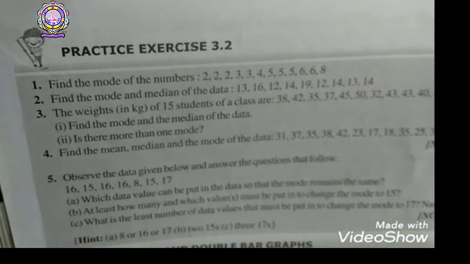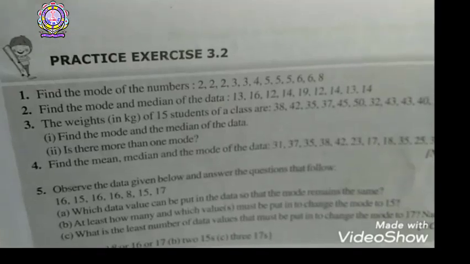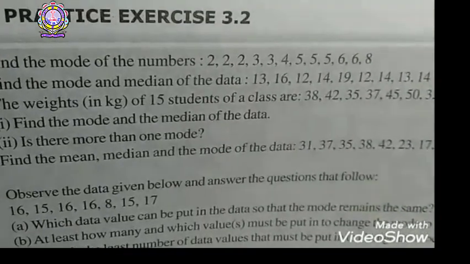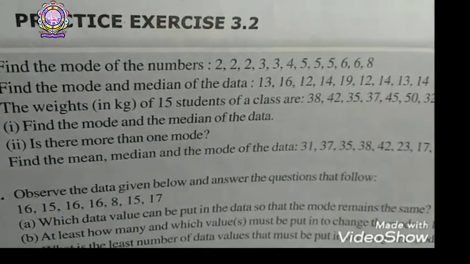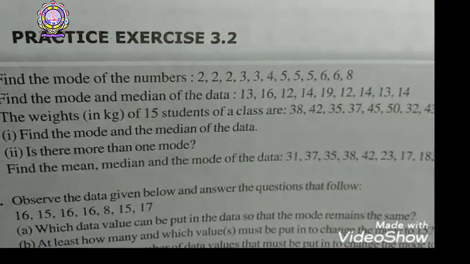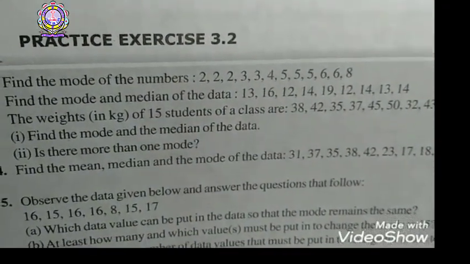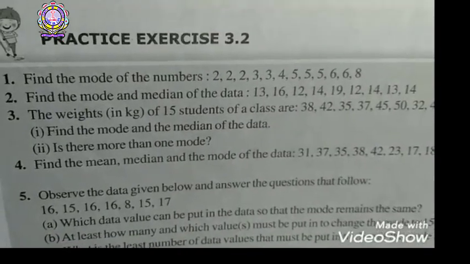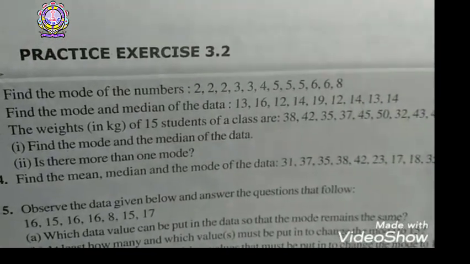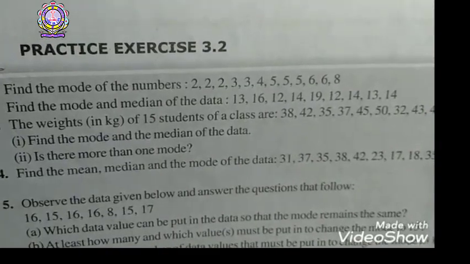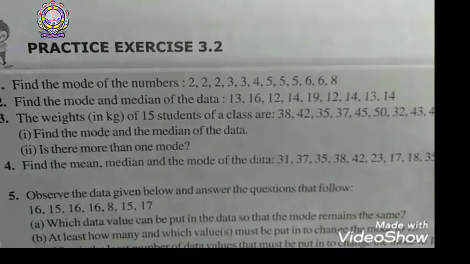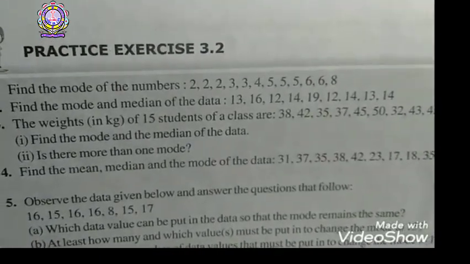Now students, this is the exercise for you, 3.2. Find the mode of the numbers. We already arranged in ascending order 2, 2, 3, 3. Here is one problem you created. Two numbers occur the most: 2 and 5 occur 3 times. So the mode of this data is 2 and 5.